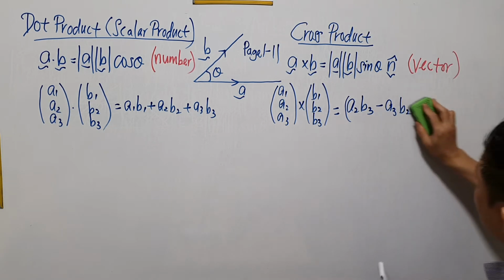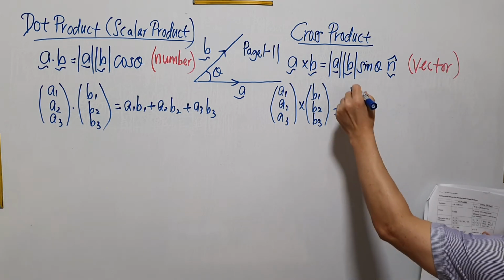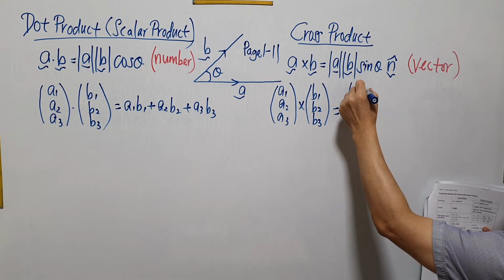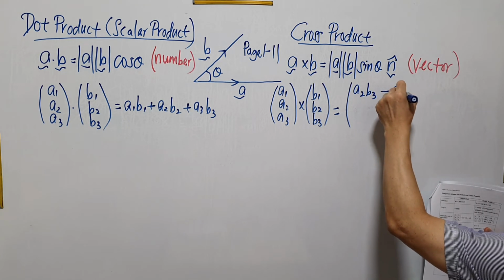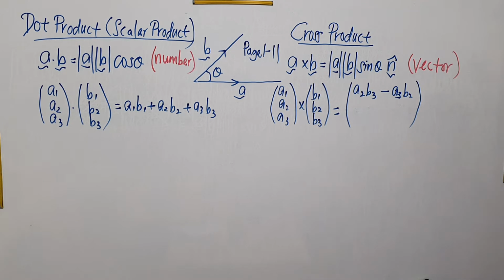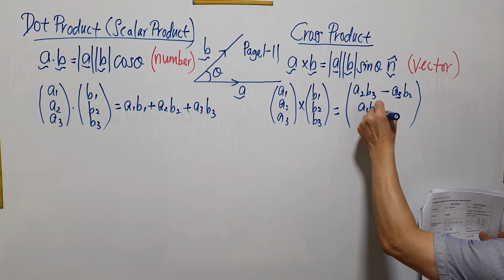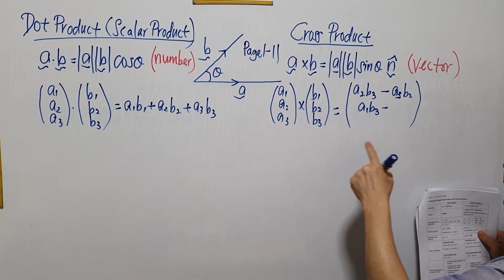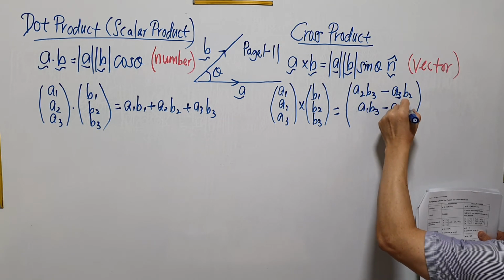Let me write properly. So this can be a vector: A2 B3 minus A3 B2. And then you cover the second row. You have A1 B3 minus A3 B1.